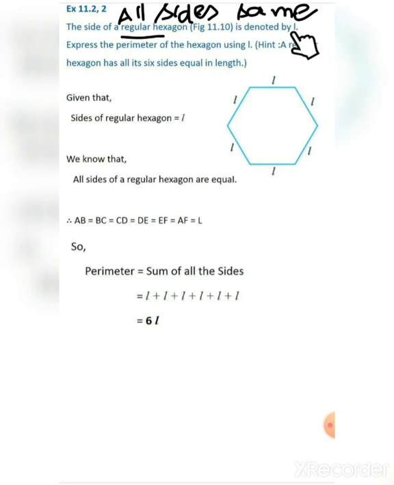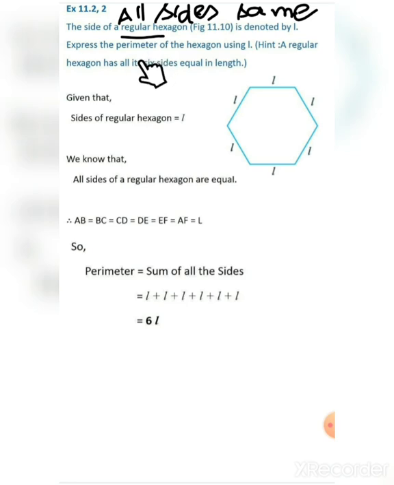So if one side is l, all sides will have the same measurement. Then express the perimeter of the hexagon using l. And here in the hint also it is given there, a regular hexagon has all its 6 sides equal in length. So I hope the question is clear to you. We just have to find the perimeter.